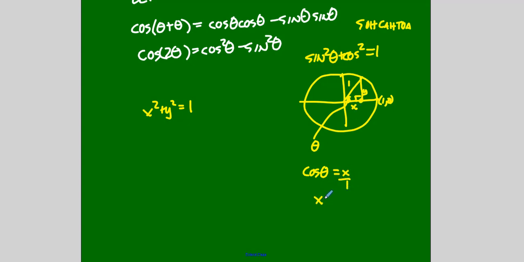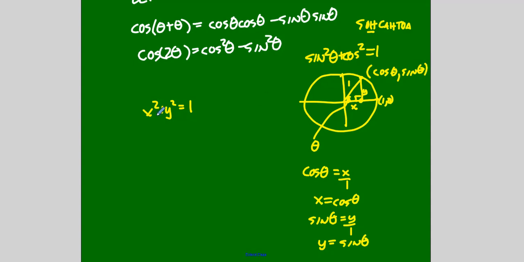So x equals cosine theta. Likewise, sine theta in SOHCAHTOA is opposite over hypotenuse, so that's y over 1. Cross multiplying, we get y equals sine theta. So any point on this circle has the coordinates cosine theta, sine theta.